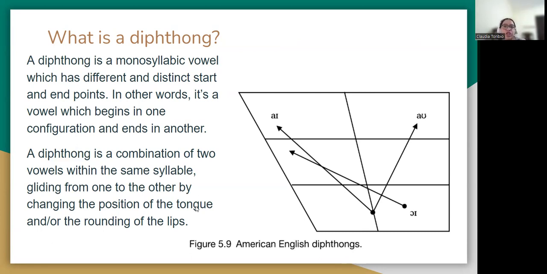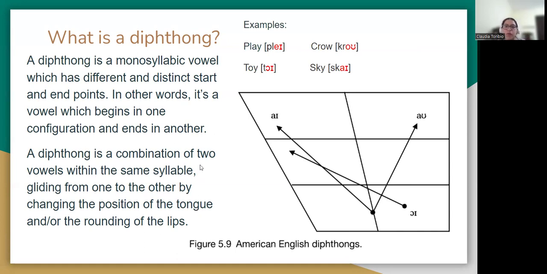The other definition says that a diphthong is a combination of two vowels within the same syllable, in which there's a glide from one to the other. And this happens by changing the position of the tongue and or the rounding of the lips.